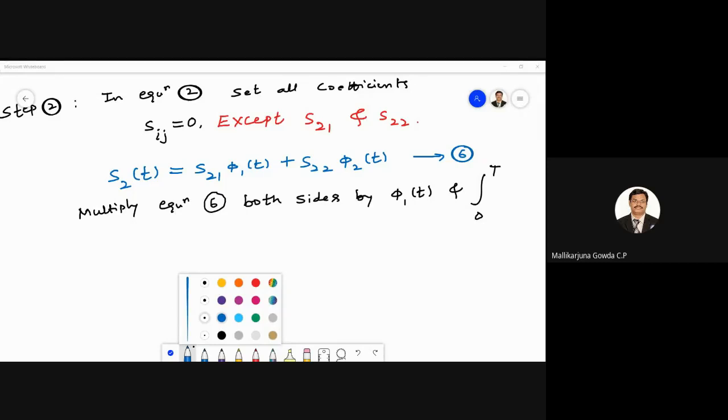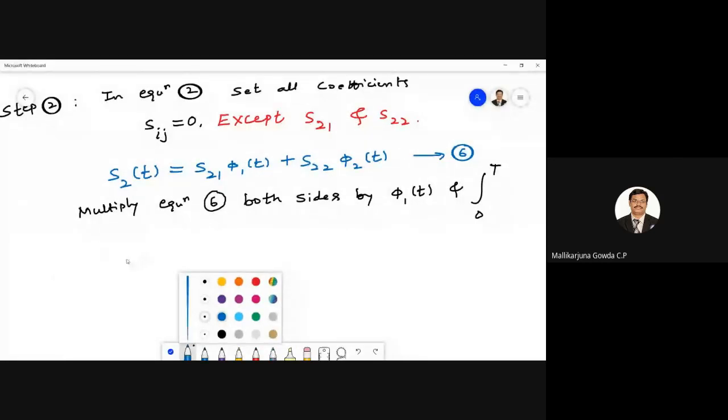Gautam Hegde? No, Gautam Hegde also. Yes, Muhammad Anas. Yes, sir. Muhammad Anas. Are you able to see the equation 6, man? I am asking, are you able to see the equation 6? Yes, sir.